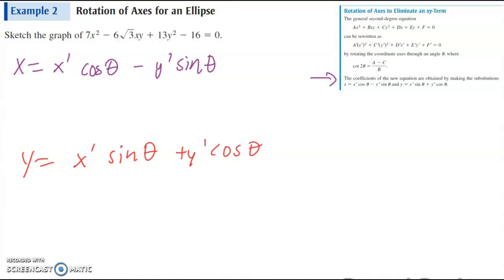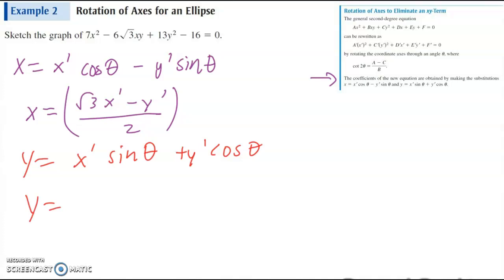All you're going to do is plug in the values. You know what theta is, so you do x prime cosine of pi over 6 minus y prime sine of pi over 6. Leave it in this form, as one big fraction rather than two separate fractions, so it's easier as you distribute everything. And then for y, you should be getting x prime plus the square root of 3 y prime over 2. So that's what x and y are.